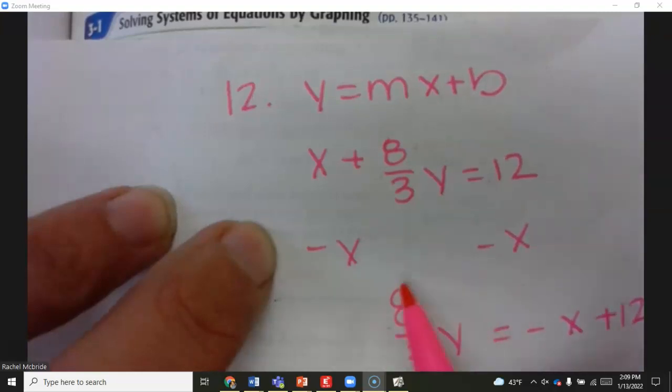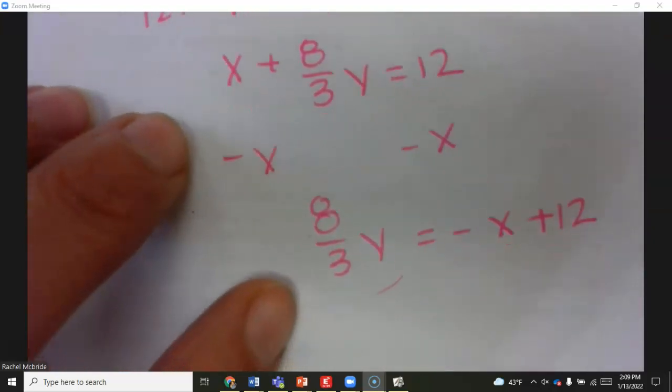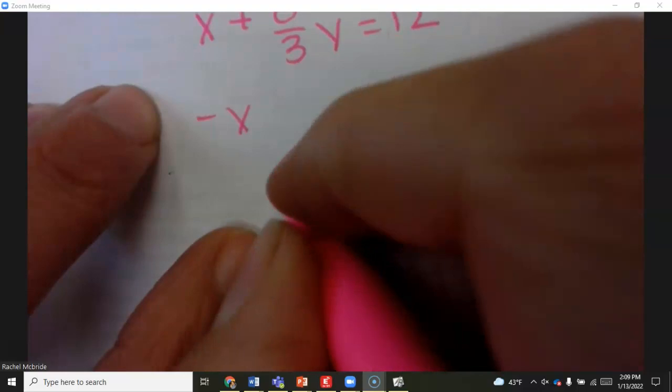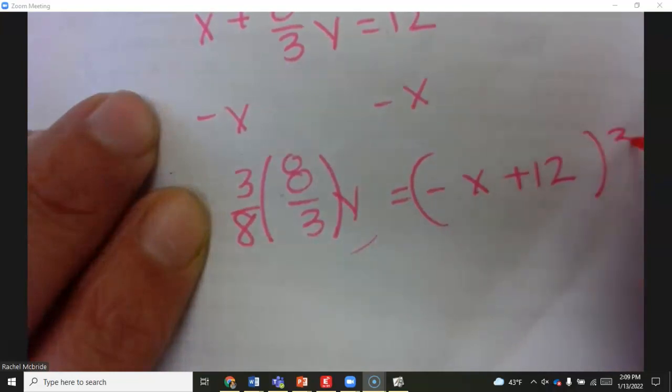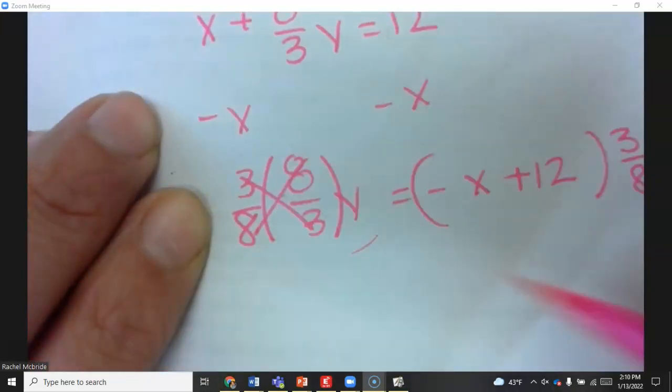We cannot have a fraction on my y, so what we had to do was multiply by its reciprocal, and you had to multiply by the reciprocal on both sides.